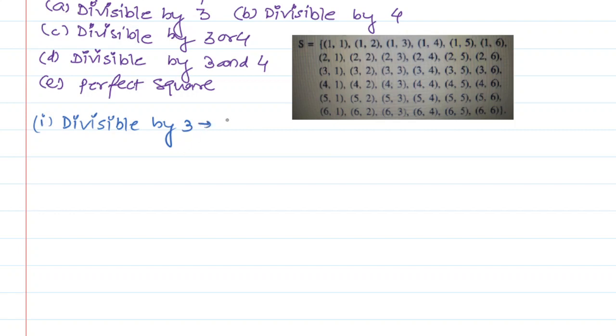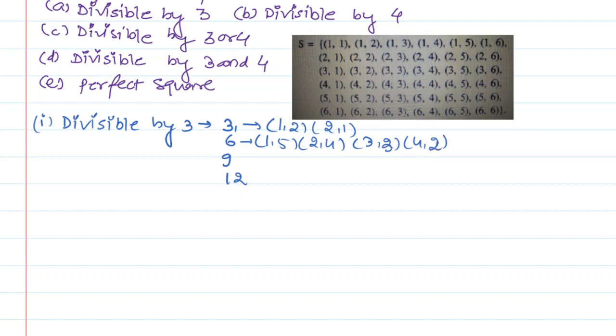The numbers which are divisible by 3 are 3, 6, 9 and 12. What are the ways in which I can get the sum as 3? It is 1 comma 2 and 2 comma 1. What about 6? It will be 1 comma 5, 2 comma 4, 3 comma 3, 4 comma 2 and 5 comma 1.